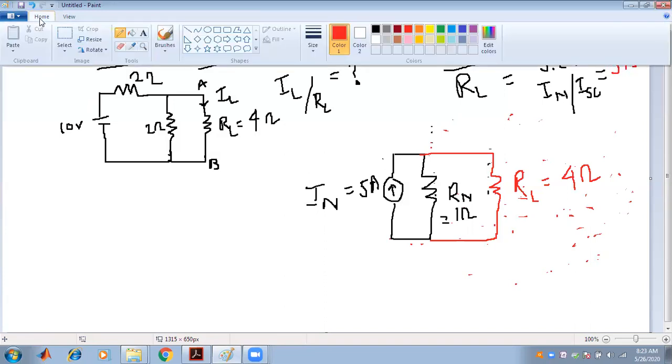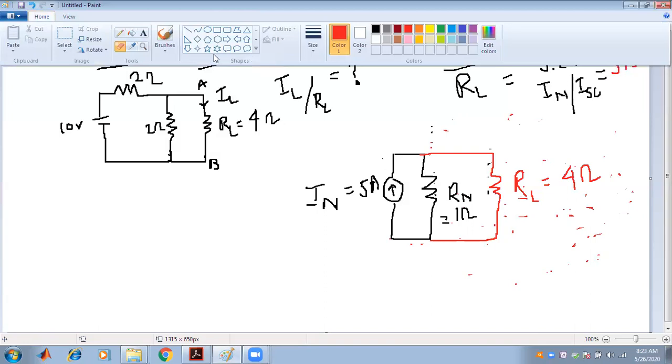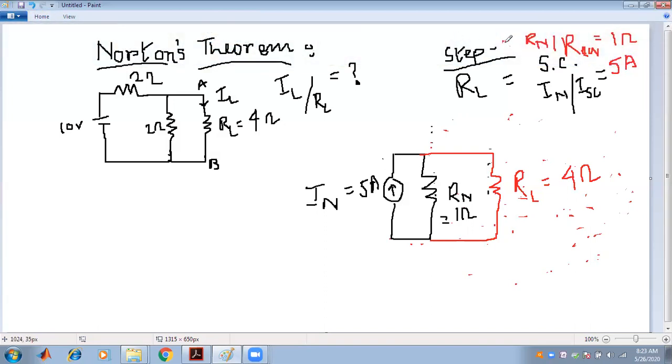Now, followed by our fourth step. Our fourth step is that we have to find the value of current through the RL, that is IL, with the help of Norton's theorem. So these two are in parallel, 1 ohm and the 4 ohm.